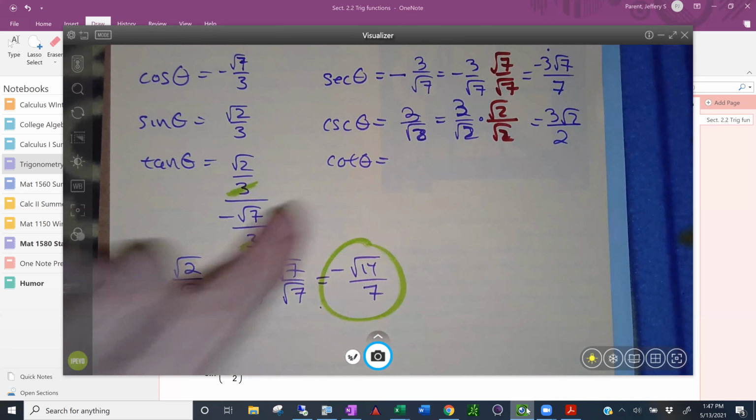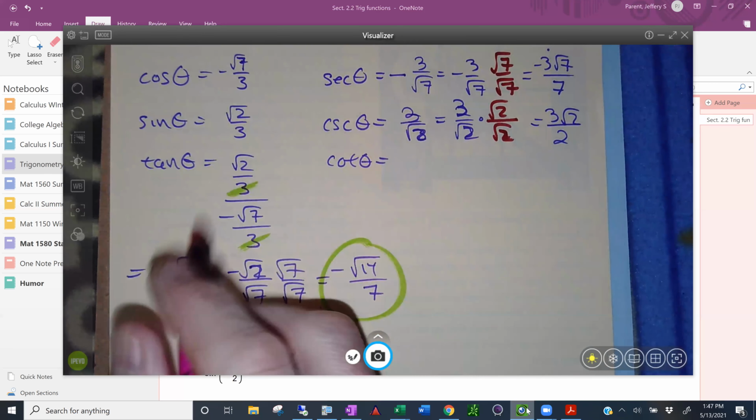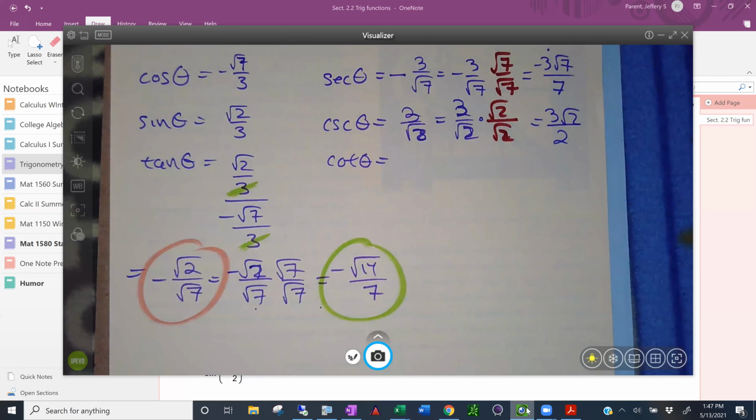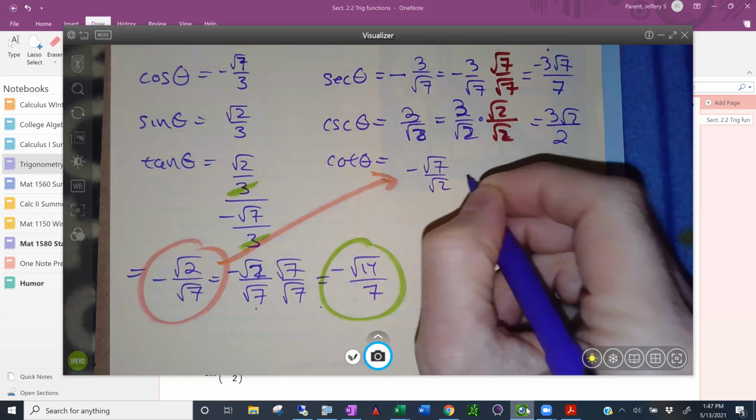Last but not least, we've got to do cotangent. Let me show you a little trick in finding the cotangent. Instead of starting with this and rationalizing this, which is going to be a bigger mess than we actually need, let me start by taking the reciprocal right here. So the reciprocal there would be negative square root of 7 over square root of 2.